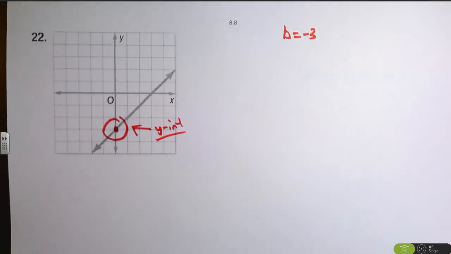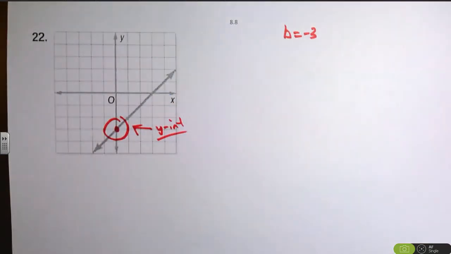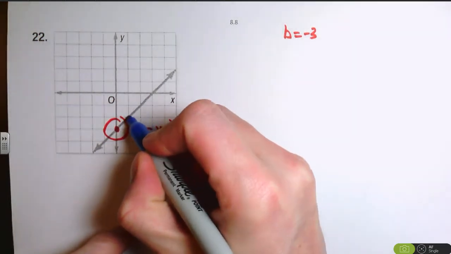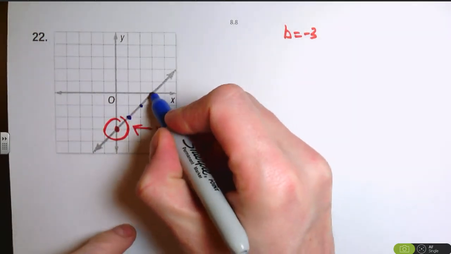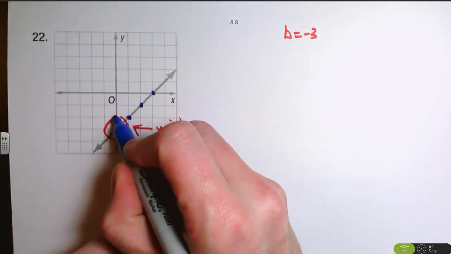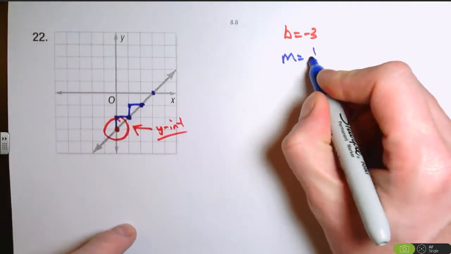Now, as far as slope is concerned, you could find 2 points and then subtract them to get a slope that way. Or you could just simply go, how do I get from one point to another? That's a corner lattice point. Well, I start here and I go up 1, right 1. Up 1, right 1. So slope is up 1, right 1.